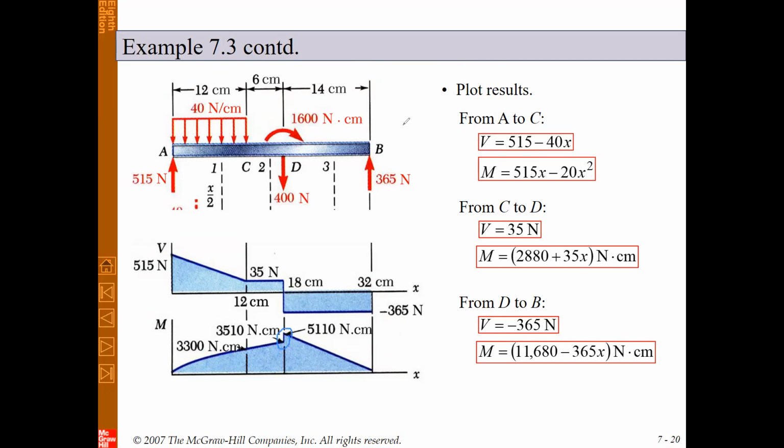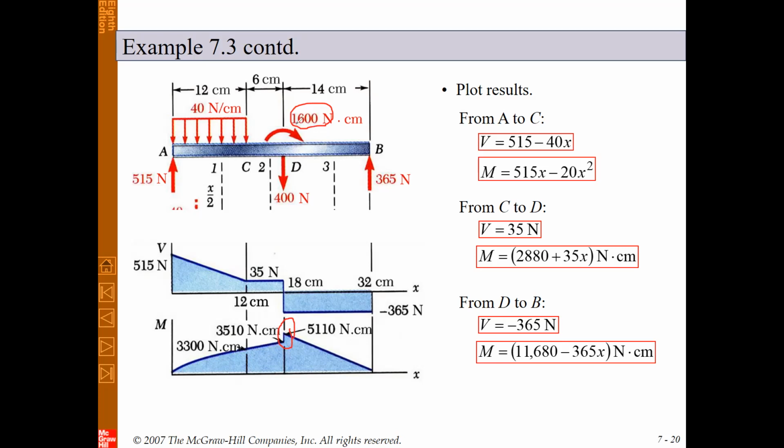Here you can see, let me change the color. At this point, the diagram is not continuous because here we have a concentrated moment, this 1,600 Newton. So you should check that your bending moment must be continuous except at these points where we have a concentrated moment and we will have a jump.